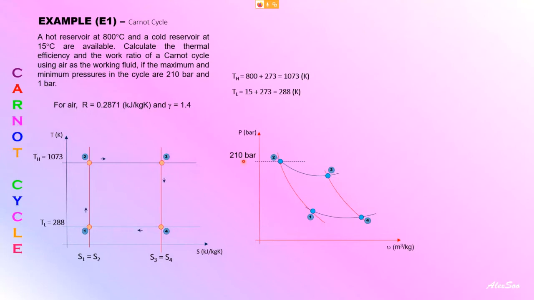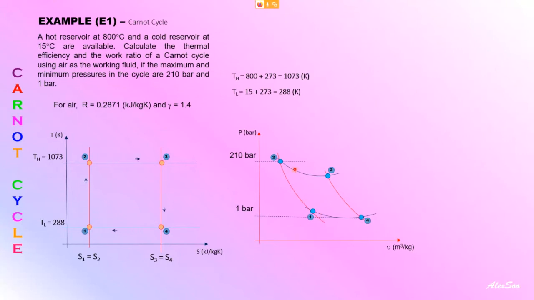So this will be your maximum pressure, that is 210 bar, and of course this point 4 here. You have to see which of these points has the maximum pressure and the minimum pressure. This should be your minimum pressure, that is point 4, that is 1 bar.